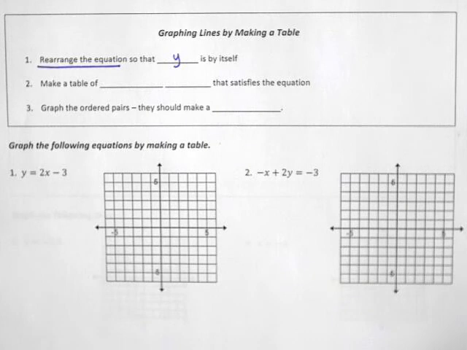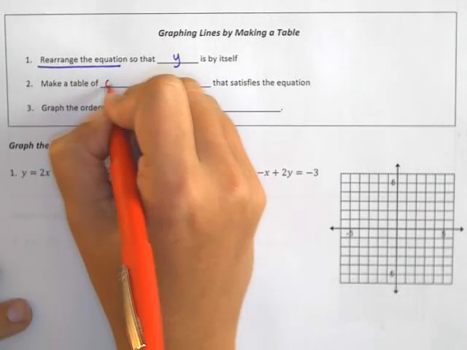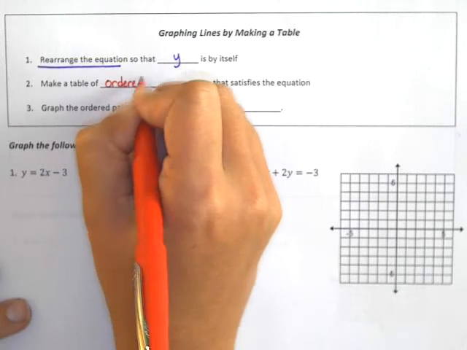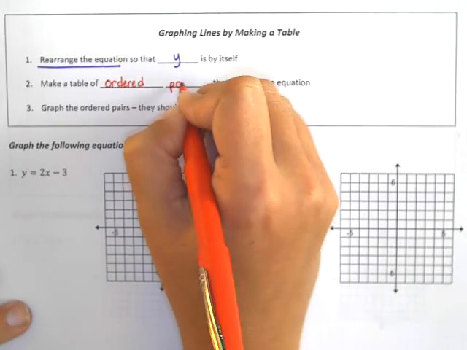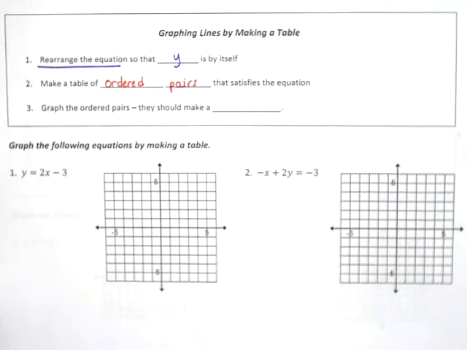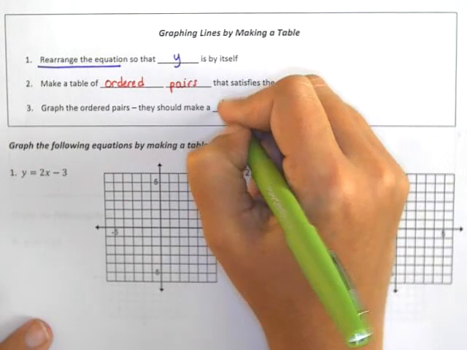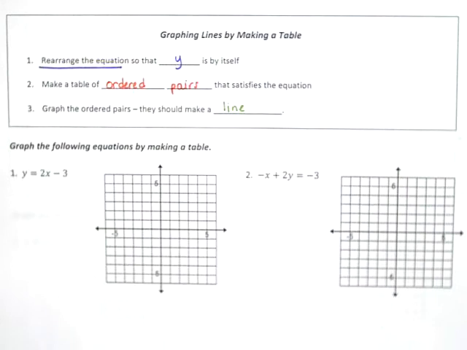Then you're going to make a table of ordered pairs, or in other words, of points that you're going to graph. And then lastly, you're going to actually graph those ordered pairs, and they should make a line. If you graph them and they don't all line up perfectly, you're going to want to go back and check your work because you definitely should have them make a straight line.